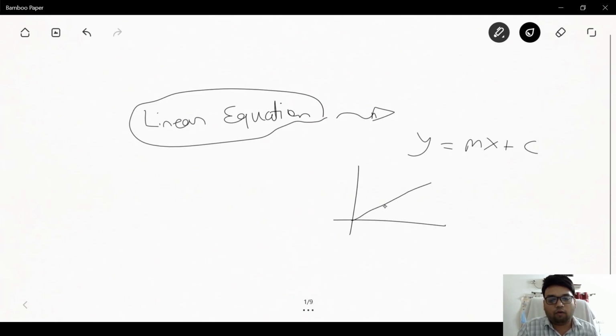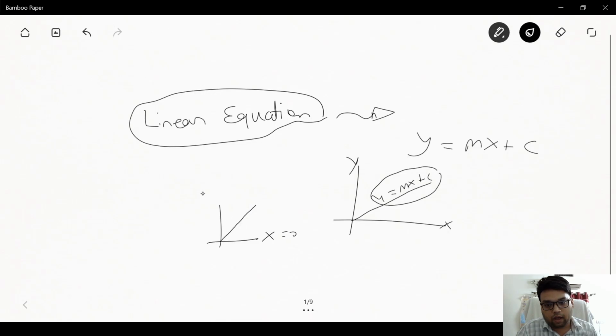This is the graph of the linear equation y is equal to mx plus c. You might not be able to understand this graph, because it is drawn in the x direction and y direction.